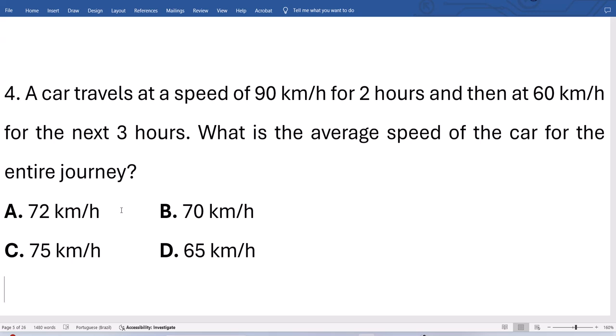What is the average speed, is the question. For your information, the answer is not 75. 75 is wrong.